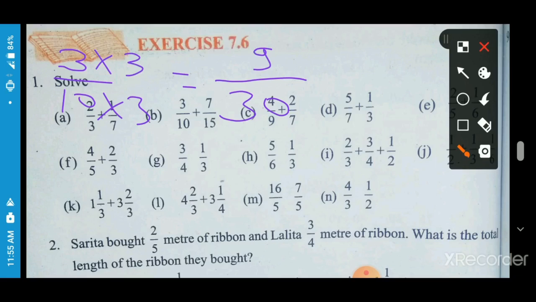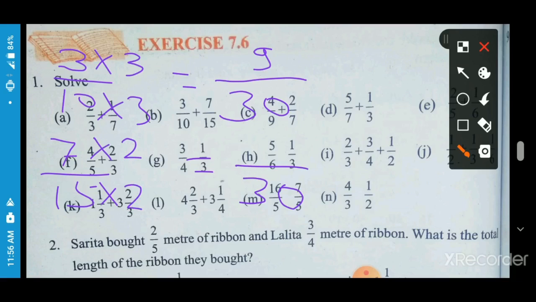And our second fraction is 7 upon 15. Again we need 30 in the denominator, and for 30 we multiply 15 by 2 and the numerator 7 by 2, because we always multiply the numerator and denominator with the same number. 7 2s are 14. So these two are the new fractions, these two are the new values.